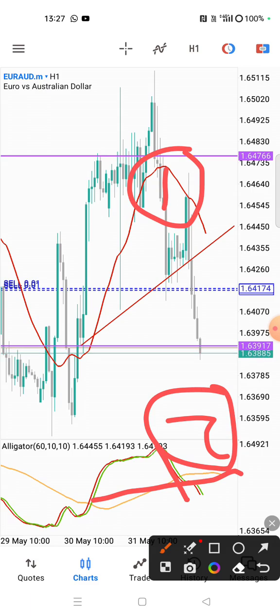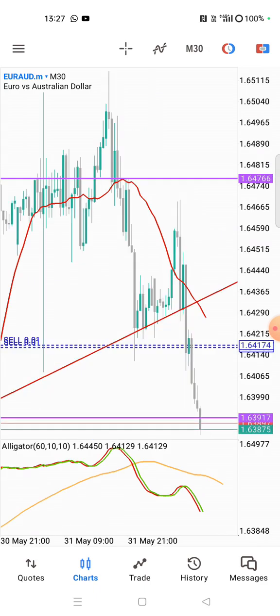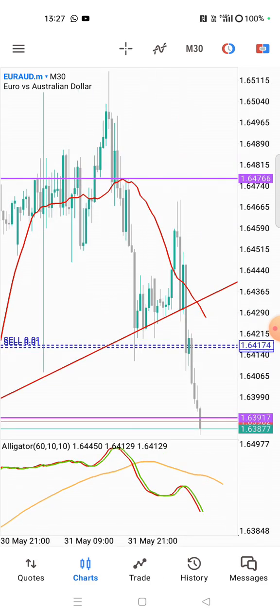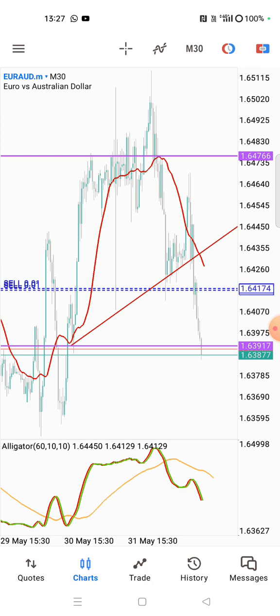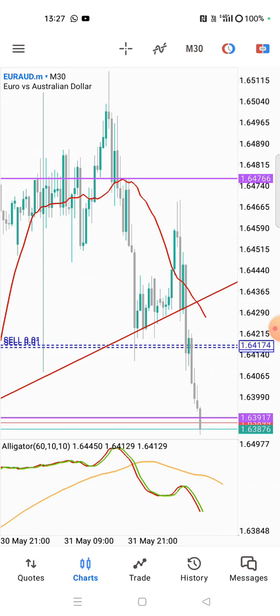Once it's already crossed, so number one and number two already crossed, go to your M30. Find, is there any place you can put a trend line, for example like this? If you can, then you stretch the trend line, make sure it doesn't hit anything.